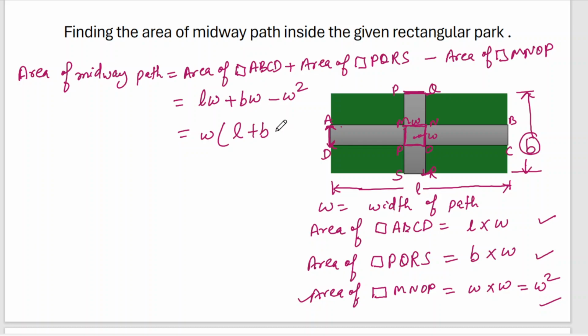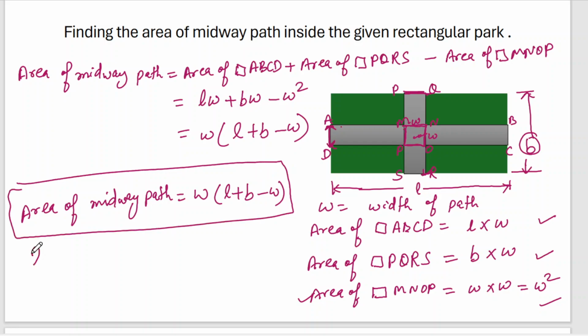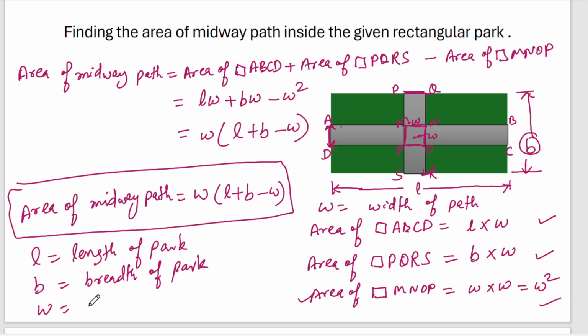So it is W into L plus B minus W. You can directly remember the formula: area of midway path is W(L + B - W), where L is the length of the park, B is the breadth of the park, and W is the width of the path. Just remember this formula.